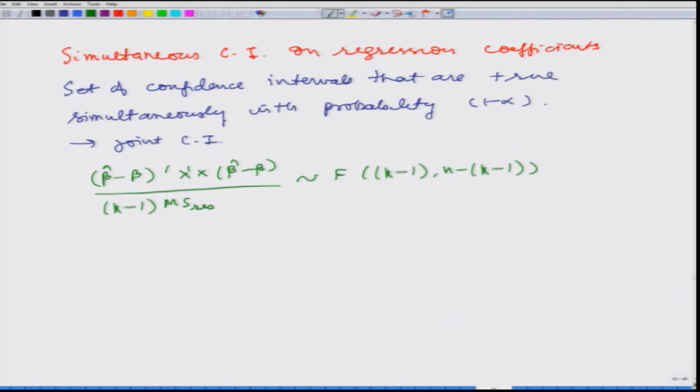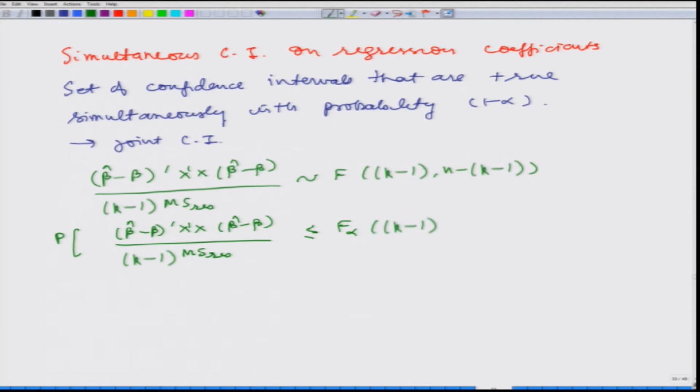Right. Okay. So, now I can write down that we would like to find the value of beta in such a way that beta hat minus beta transpose X transpose X beta hat minus beta over k minus 1 times MSRes is less than or equal to F alpha, k minus 1 and n minus k minus 1 degrees of freedom, and the probability of such an event is 1 minus alpha.